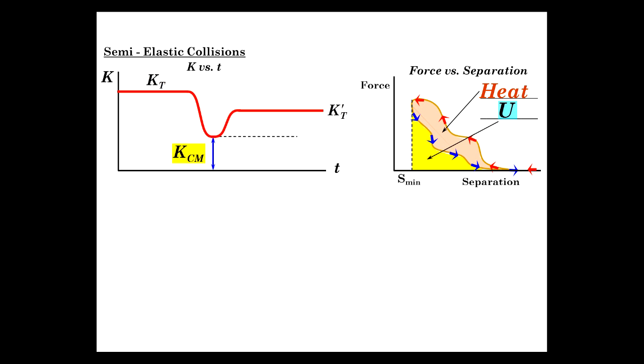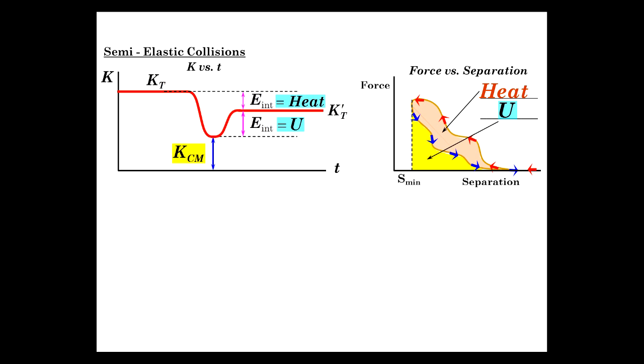So that's what we get after. So this corresponds to the internal energy that we get back. This is the yellow area. This is the internal energy that's potential. And then the part that we didn't get back is what's lost, and that's internal energy in the form of heat. So those are the typical kind of collisions.